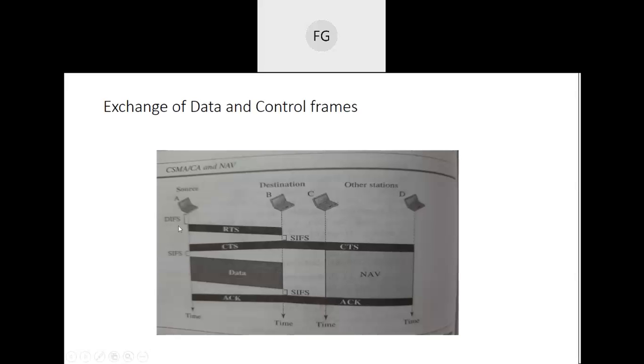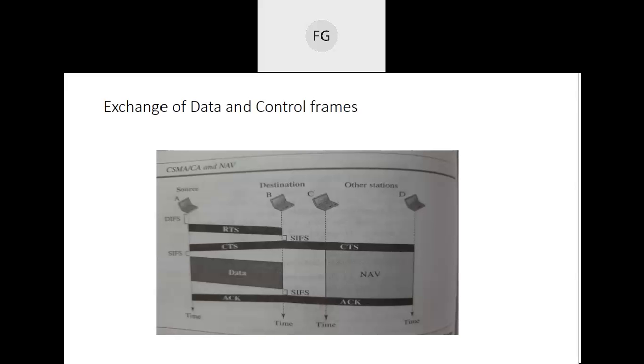Then the station sends a control frame called the request to send, RTS. After receiving the RTS and waiting a period of time called short interframe space, or the SIFS, the destination station will send a control frame called the CTS, or the clear to send, to the source station.